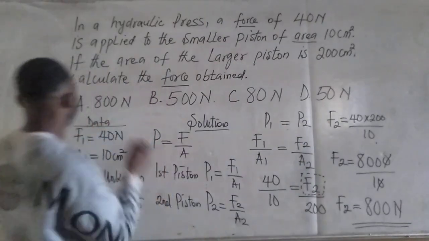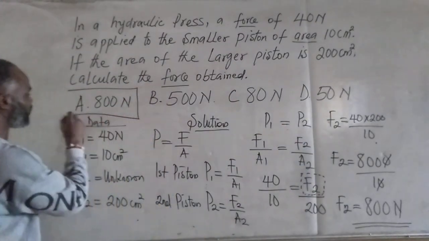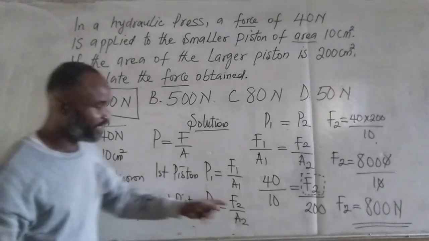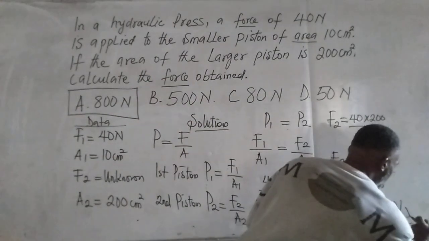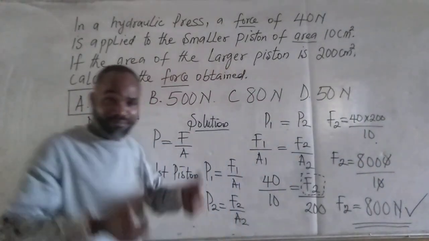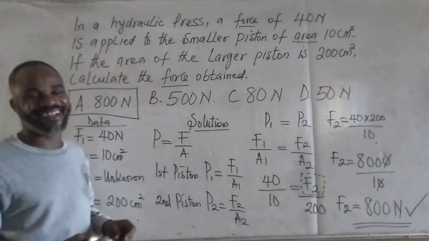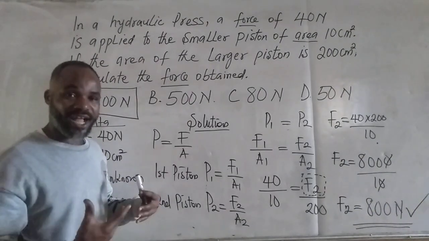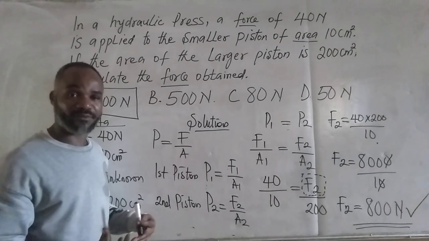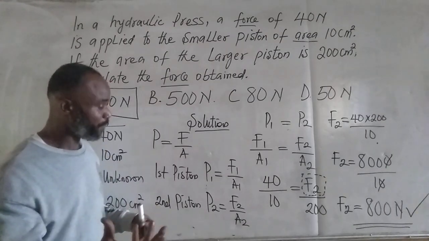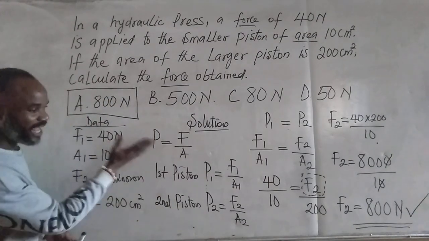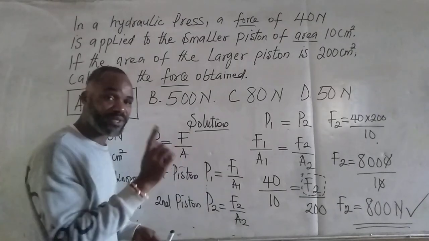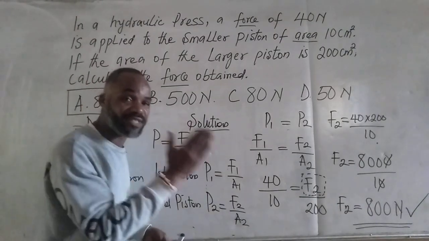Definitely, option A remains the best option. Therefore, we are correct. When you do this, you'll be happy with yourself because you've done the right thing. Even the steps are clearly outlined.